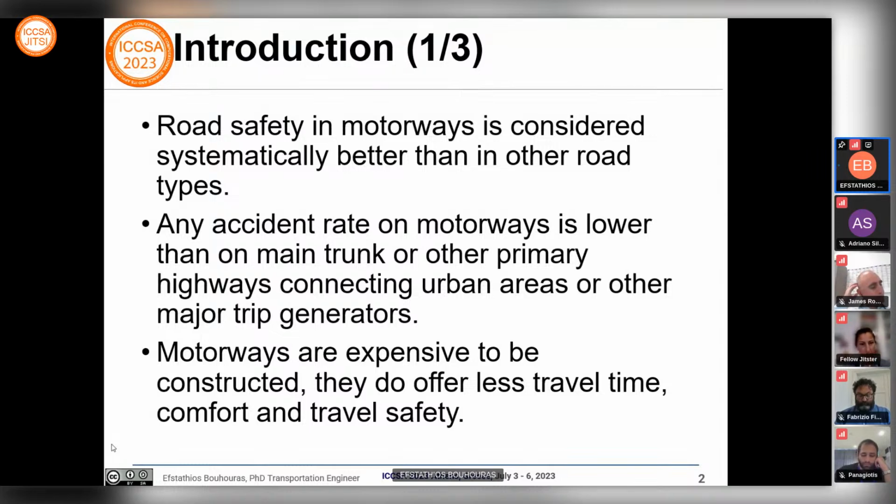But at the same time, motorways are very expensive to construct. Yet we construct them because they connect cities or large areas with less travel time, more comfort, and, at least a priori based on the guidelines, a better level of travel safety.